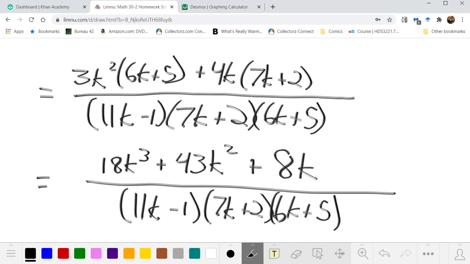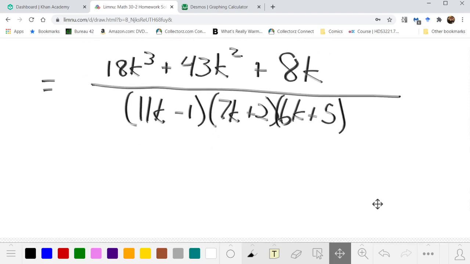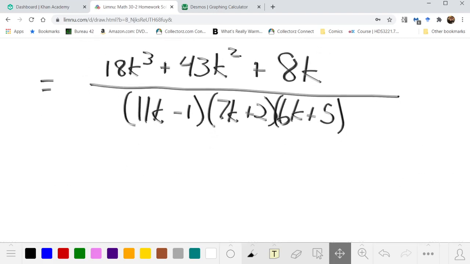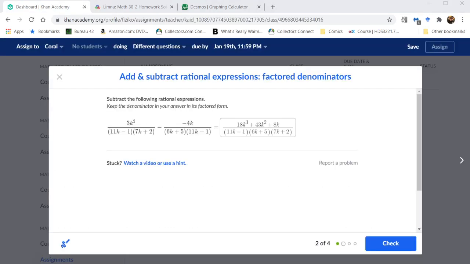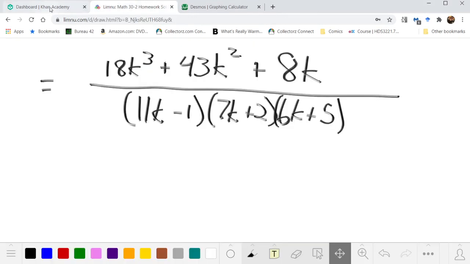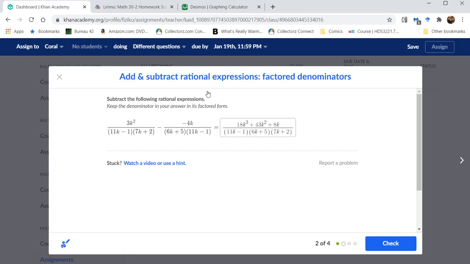So this is our simplified expression that we will now submit as our response. And once recorded, we can double check that we have everything transcribed correctly from our workspace and submit.